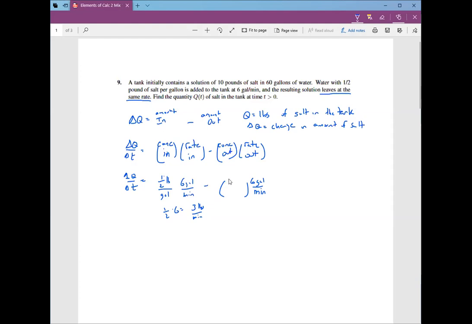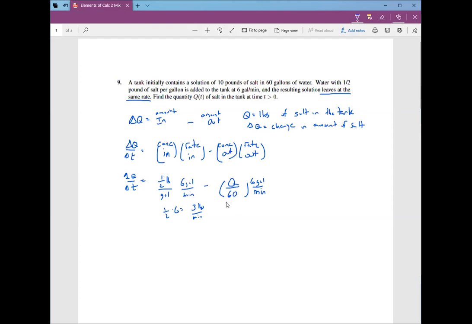I know it starts with 10 pounds of salt in the tank, but as soon as you start adding, I don't know how much is going to be in there later. So instead of putting a static number in here, I'm just going to put the amount of salt in the tank, which is Q, divided by the volume, which was 60 gallons.